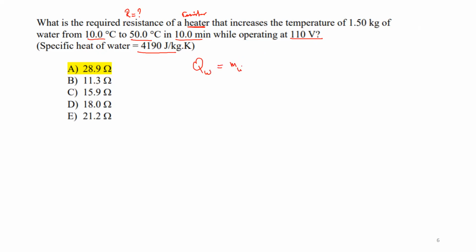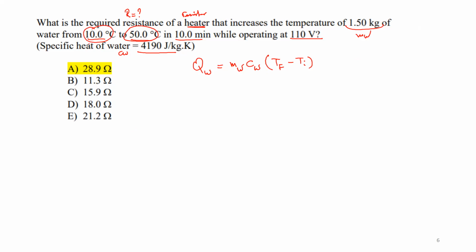Of course, it will be mass of water multiplied by the specific heat of water multiplied by final temperature of water minus initial temperature of water. And I can calculate this. I know the mass of water. I know the specific heat of water. I know the final temperature, 50 degrees Celsius. I know the initial temperature.